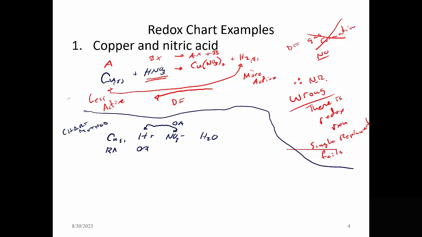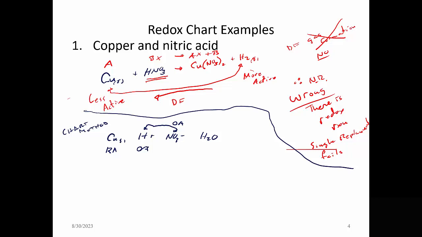The H pluses are crucial because if the H pluses aren't present, then we aren't going to form what product on the right? What product is H plus used to make? Water. Water's stable, and that helps this go. If we don't have H pluses, it forms oxide, and oxide is not stable. Oxide is a pretty powerful base.